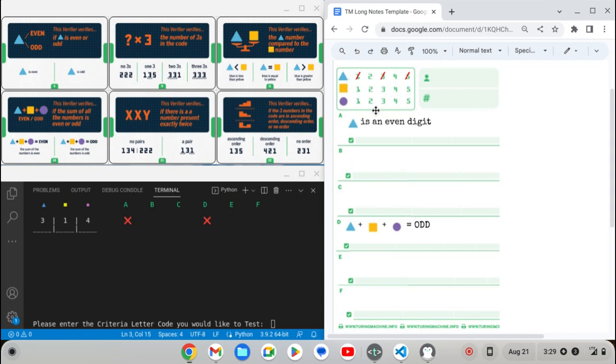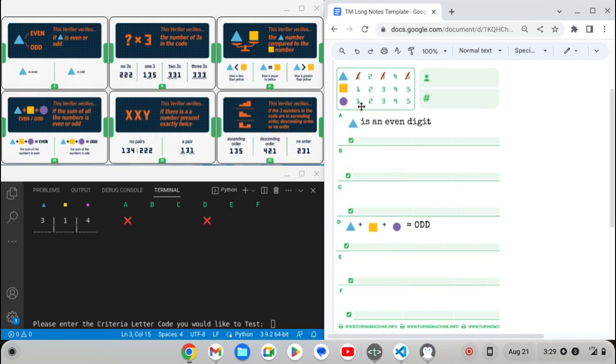So what that's basically telling us is that among square and circle, one is even, the other is odd. So that way the overall sum is in fact odd. So we probably won't write up a note for that just yet because we don't know which one's even among them, whether it's square or circle. We just know that we do have that.